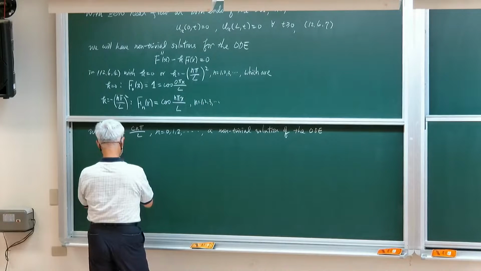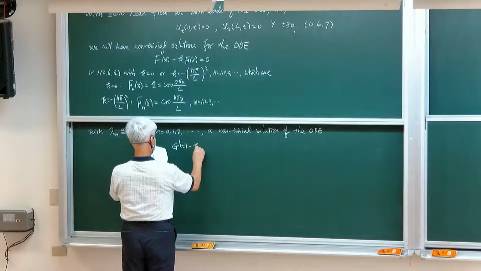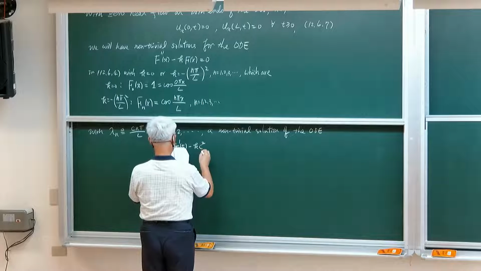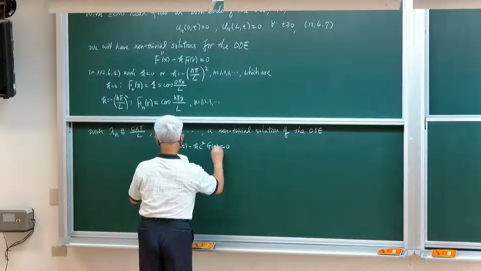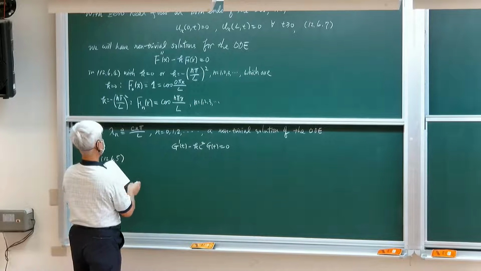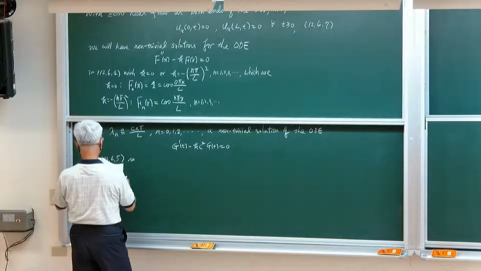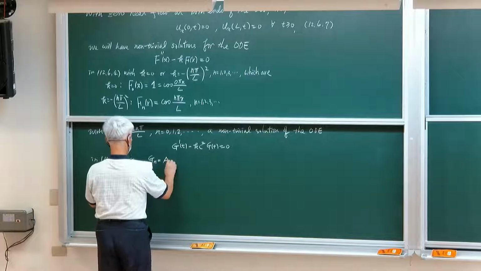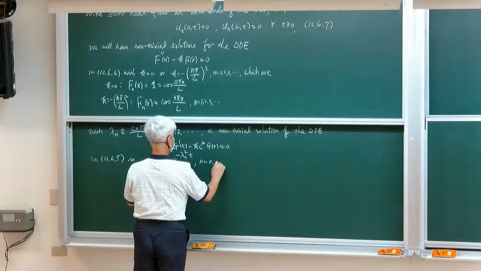The ODE governing G in 12.6.5 has solution Gn, which is an e to the minus lambda n squared t, for n equal to 0, 1, 2, etc.